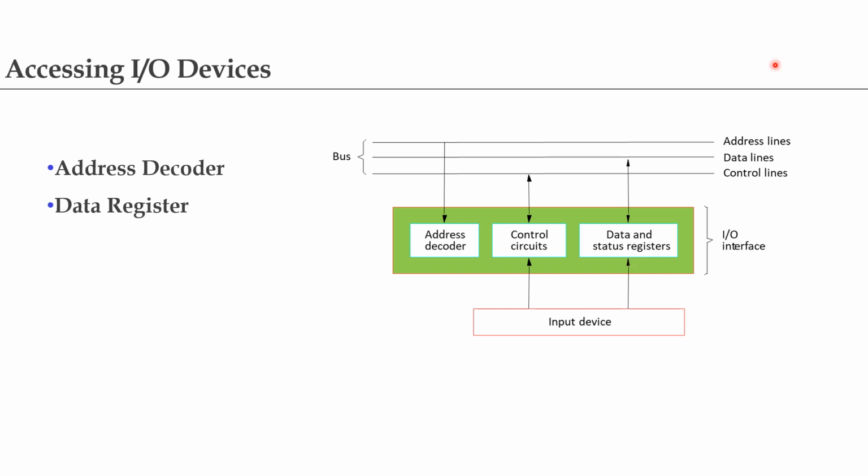The status register contains information relevant to the operation of the input-output operation. The address decoder, data and status registers, and the control circuits required to coordinate input-output transfers constitute the device's interface circuits.